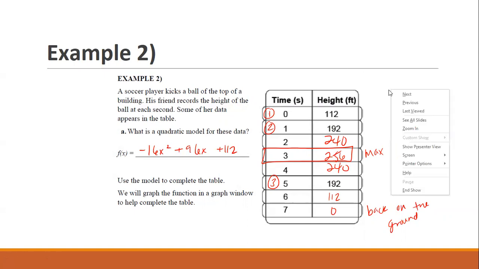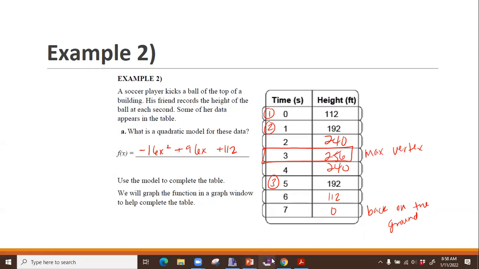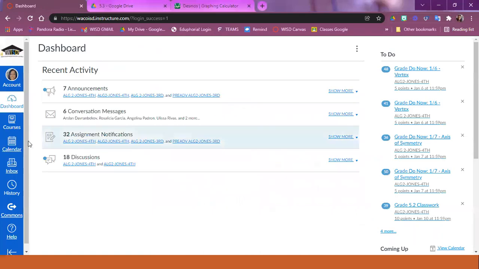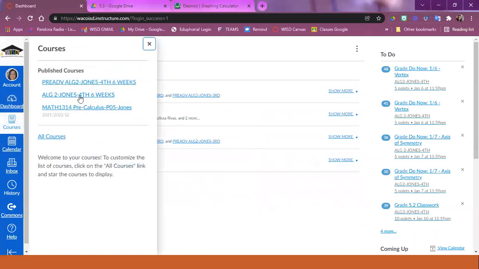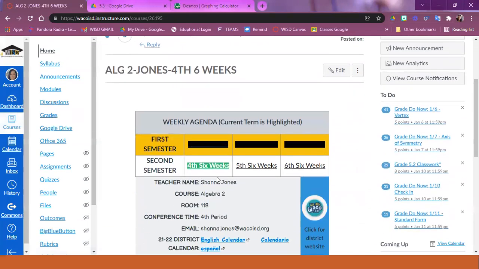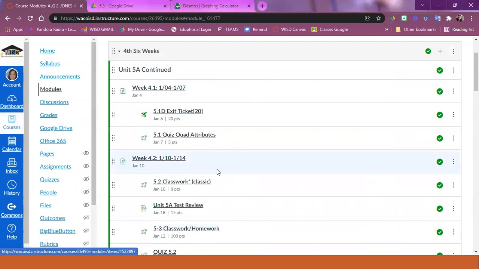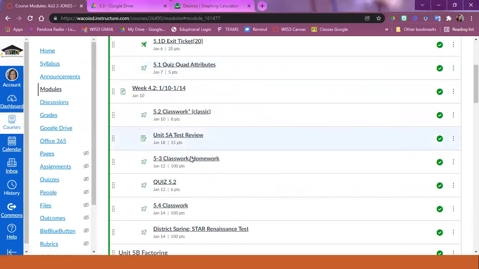All right. So looking at the regression model, you have practice problems that you're going to do in Desmos, because the only way you're going to get used to putting it in and following those steps is by going through Desmos, or by doing it. So on your 4th 6 weeks, you can click on your calendar, or you can see it right here where it says 5-3 classwork/homework.